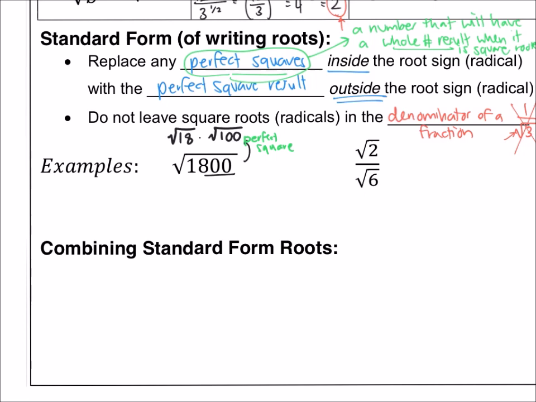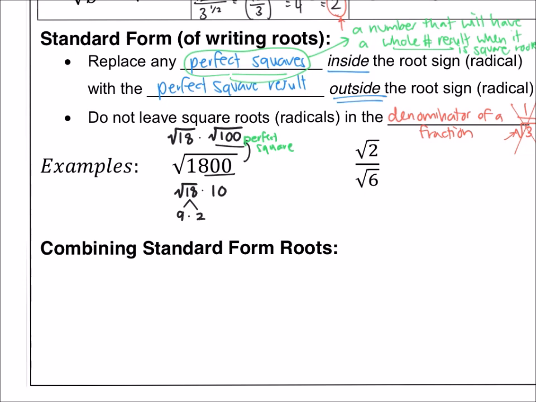And so with the square root of 18 times the square root of 100, you can square root 100 into a perfect whole number, so that's going to give you the square root of 18 times 10, because this is a nice perfect square number. Then we want to see if there's anything else we can do with the square root of 18. And if we factor it out just a little bit more, look at its factors, there's also 9 in there times 2.